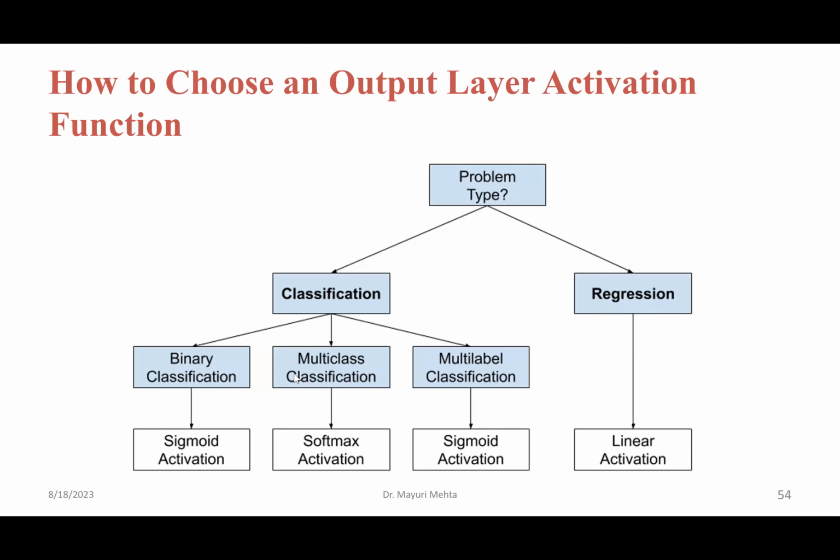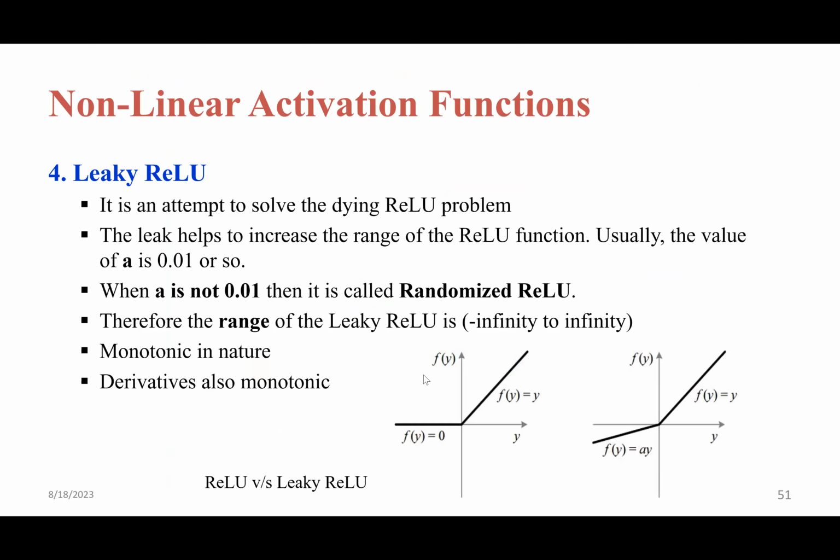Okay, but as we discussed, it is minus infinity to infinity, and the reason is very clear from this, right? The range of a randomized ReLU may be slightly different, but you can see it is minus infinity to infinity. It depends on the value. Leaky ReLU is on the right side. It depends on the value of a, what value you choose for a, and accordingly the range may vary slightly. Fine.